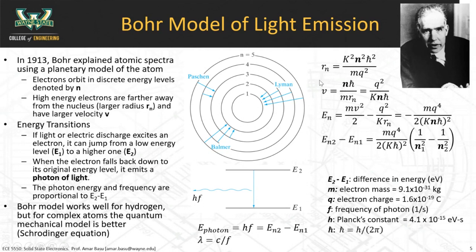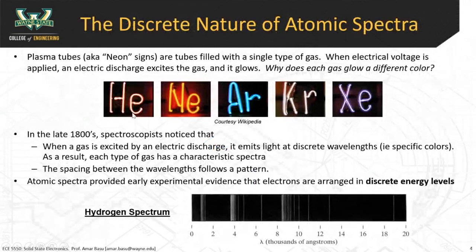The other part of the Bohr model said that there are energy transitions. So if an electron is excited some way, in these neon signs, they're excited by a discharge, meaning you run an electric current through the gas and you excite the electrons that way.